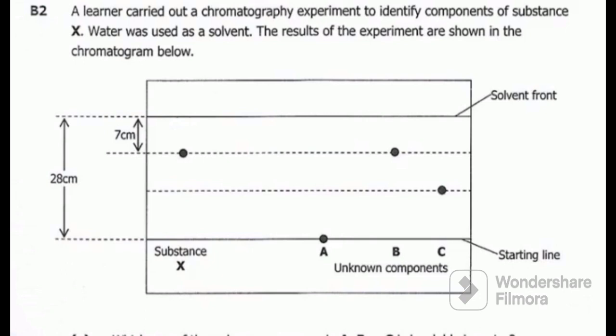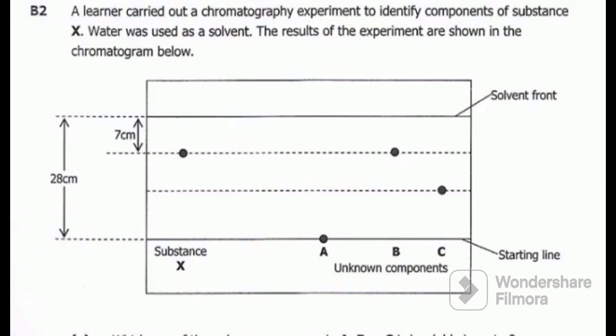If an unknown component is in the same line as the component in substance X, then we can conclude that it is contained in substance X. So the answer is component C. Component C wasn't contained in substance X.